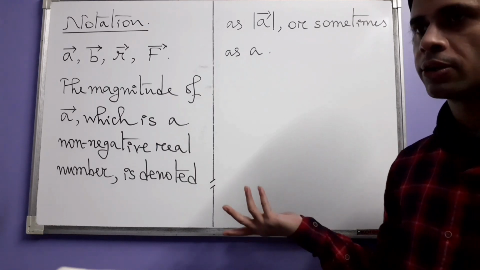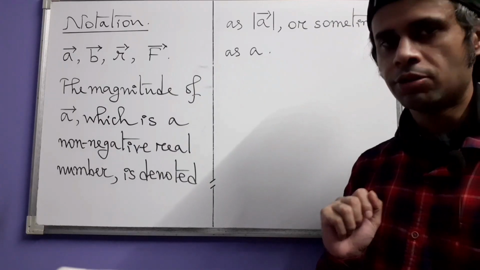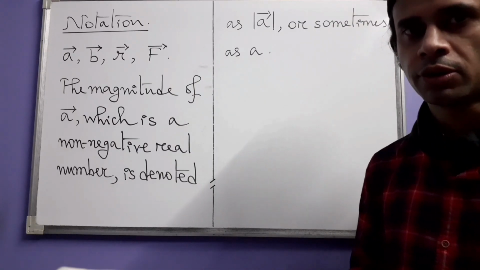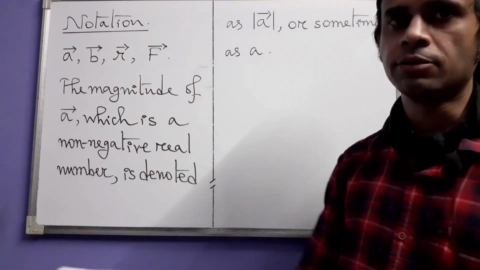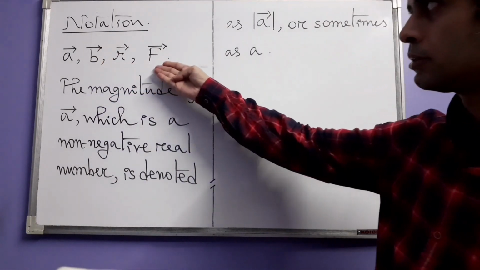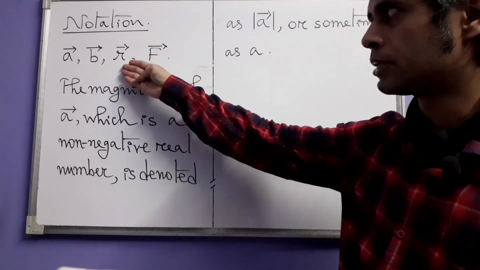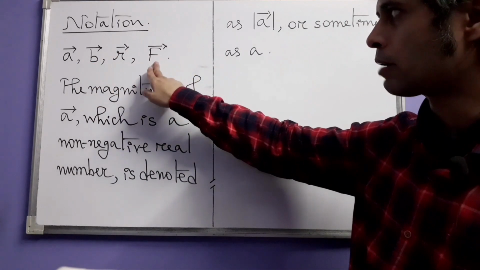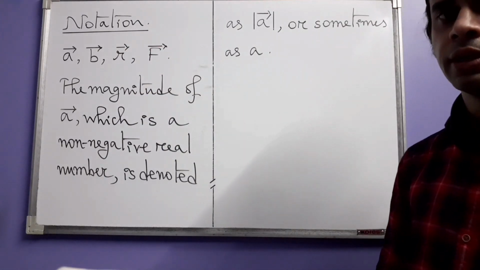We, however, cannot conveniently write bold letters here, and you also cannot write it on paper. So that is why instead we use this overhead arrow notation to denote vectors. We can write vectors like this.